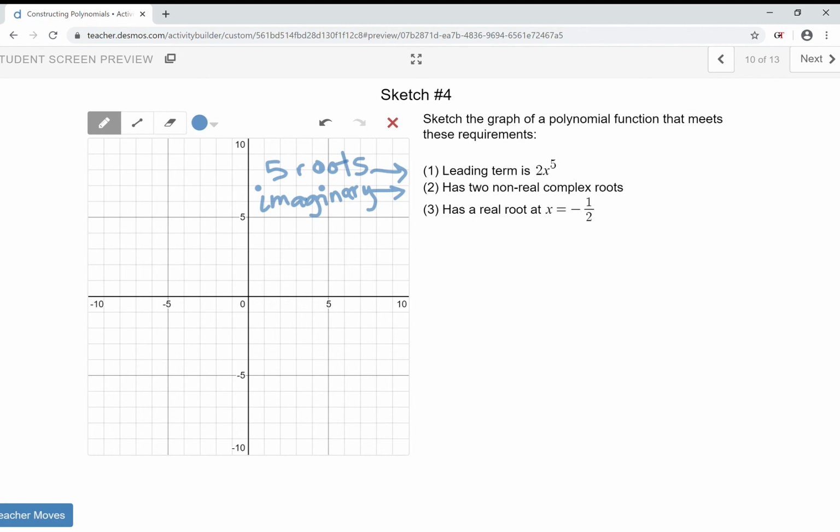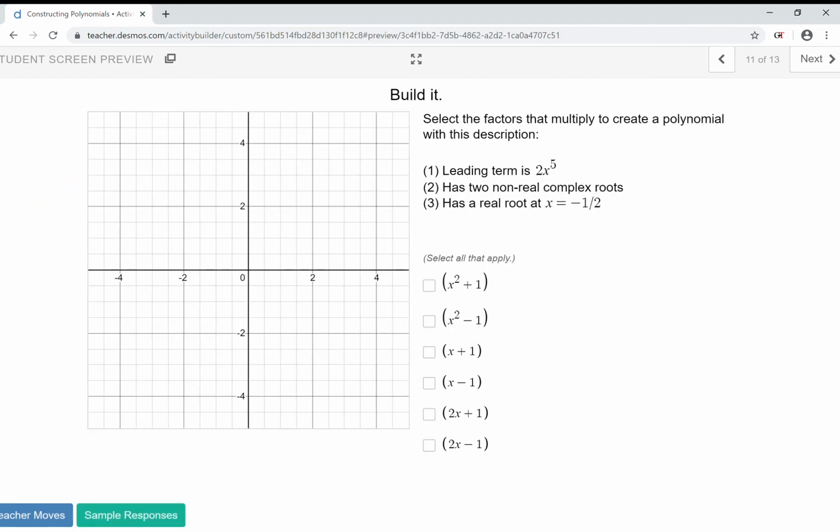All right. So here for this particular screen, what might be helpful is actually if you move on to the next slide and then go back and redraw what you get from slide number 11. All right. What do I mean by that? Here are some examples. Now, if you set each one of these factors equal to 0, do you get an imaginary root?